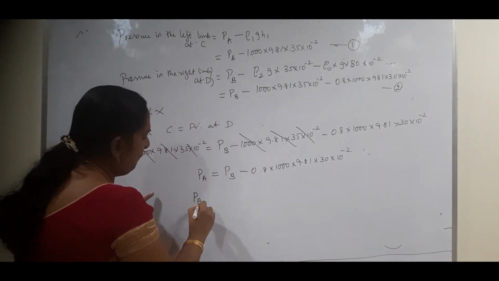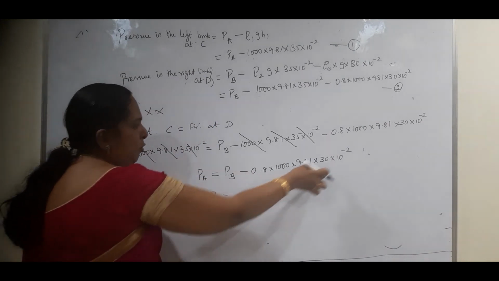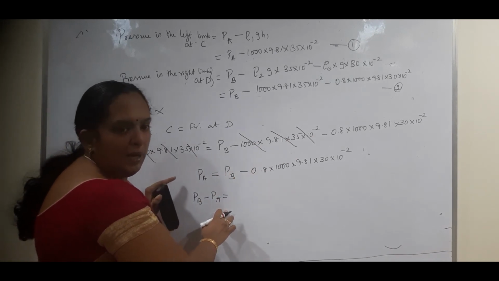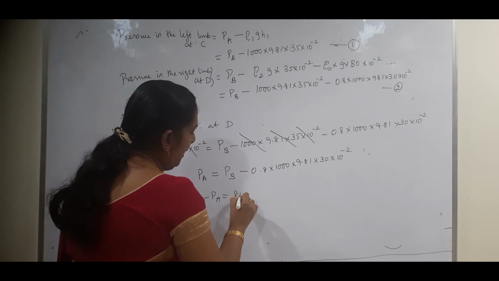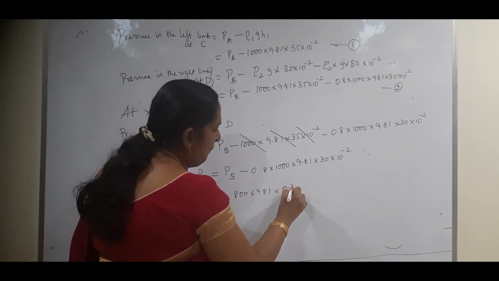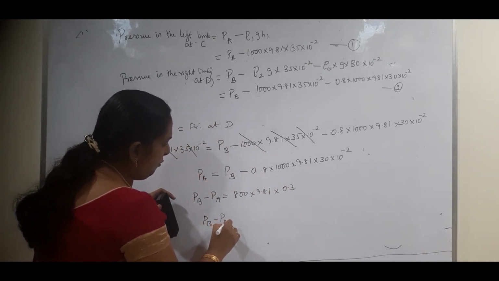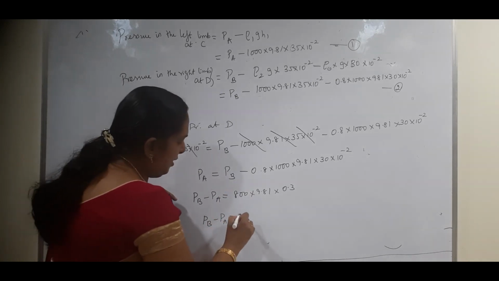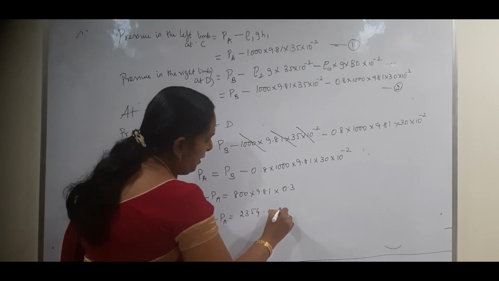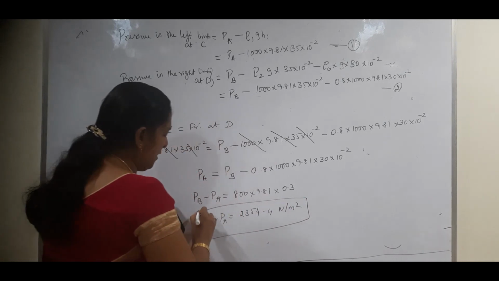So PB minus PA will be equal to 800 into 9.81 into 0.3. Am I right? So what is PB minus PA? Solving this equation, it is 2354.4 Newton per meter square. Is it clear, guys? So we have found out the pressure difference.